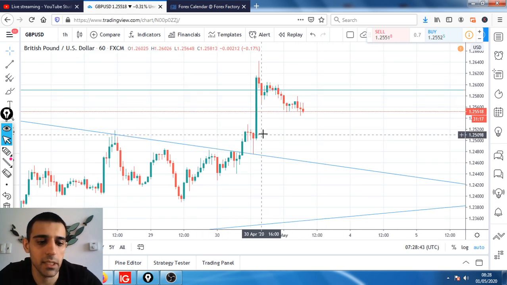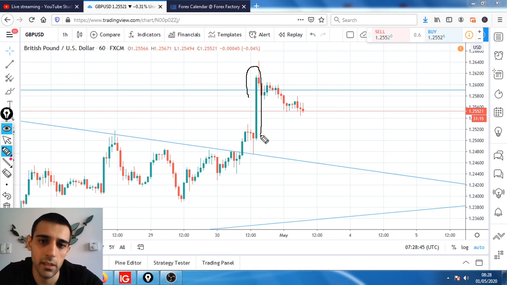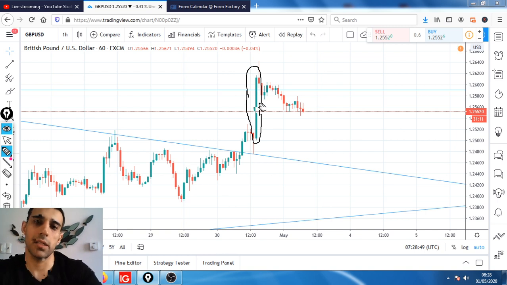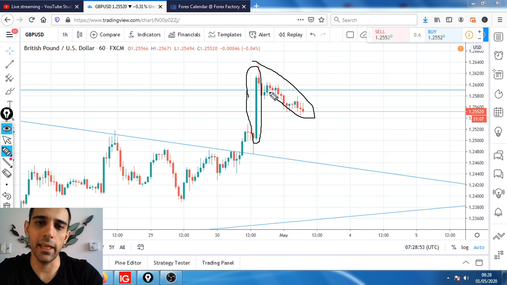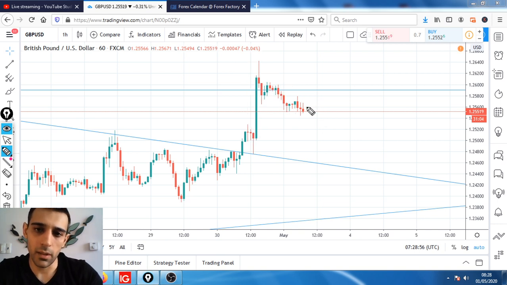We had this nice bullish candle, it looks like it has a lot of strength towards the upside, and then we have this kind of flag in here. So this one does look weak, and it does look like a retracement, especially on the 4-hourly time frame. It's just coming down slowly, and also on the daily time frame.